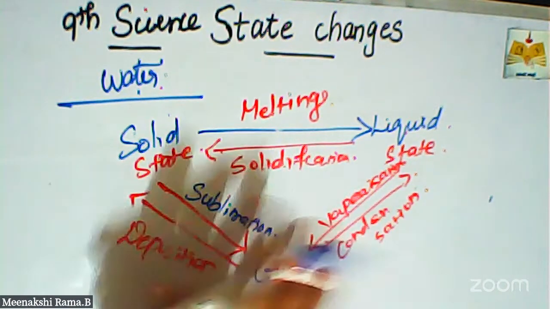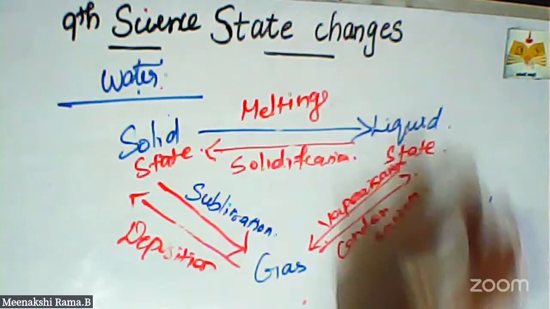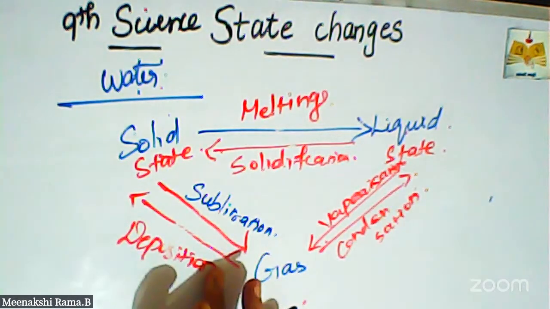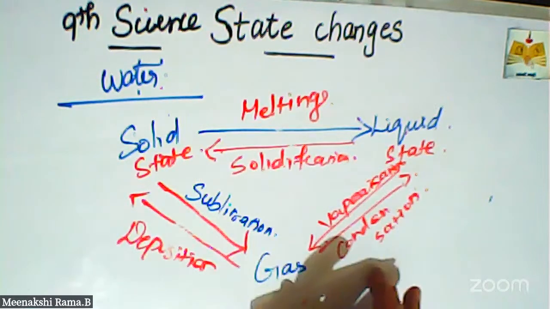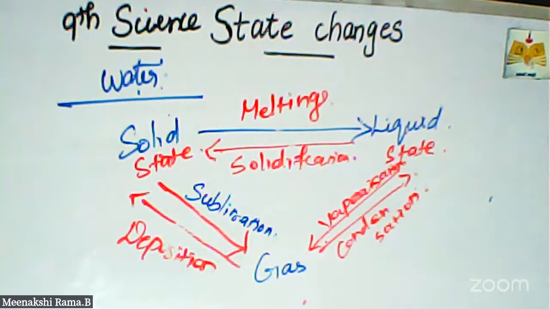What is condensation? What is sublimation? And then what is deposition? These concepts I clarified for you. Is there any doubt in this? I explained these 6 processes: how the states change. So is there any doubt? Please ask me.